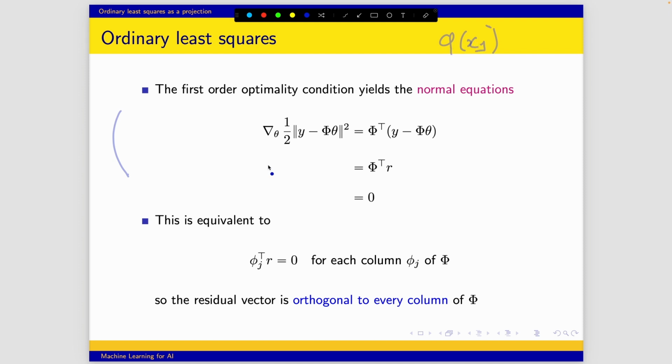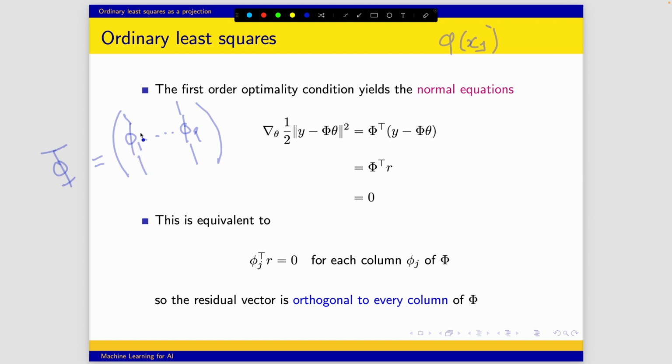But what we're interested in here is not the rows, but the columns of our design matrix phi. So let me call these columns phi 1 to phi p. There are p of them. So this is phi, our design matrix. It's equal to this. I'm going to call the columns of our matrix phi 1 to phi p. So these are the column vectors.